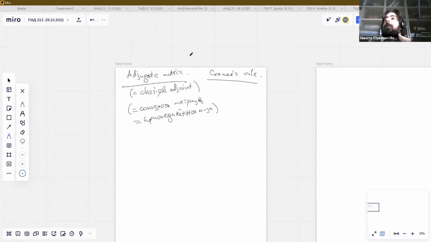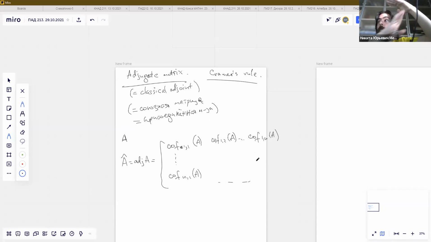So what is that? The construction is as follows. Suppose we have matrix A. Then the adjugate of A is the following matrix. We take the cofactors of the matrix A for each element of A. I remind you that the cofactor is the minor of the corresponding element, that is the determinant that we obtain after crossing out one row and one column.